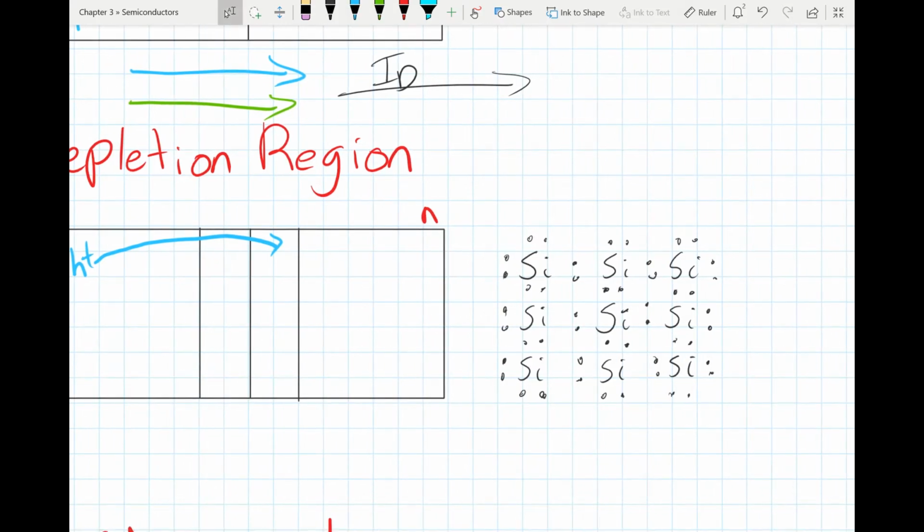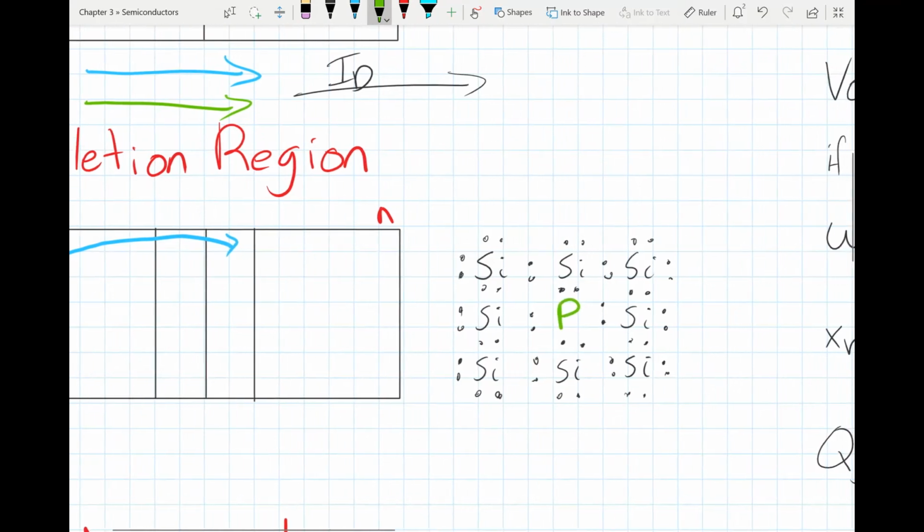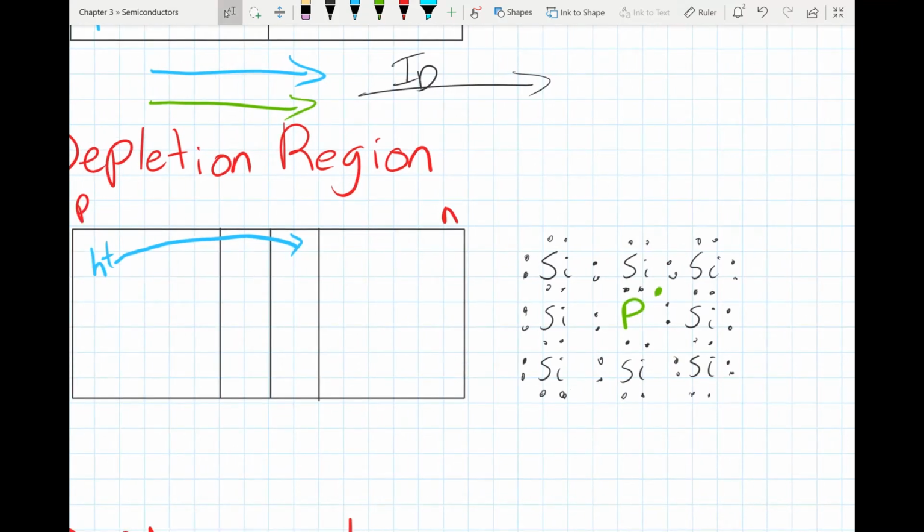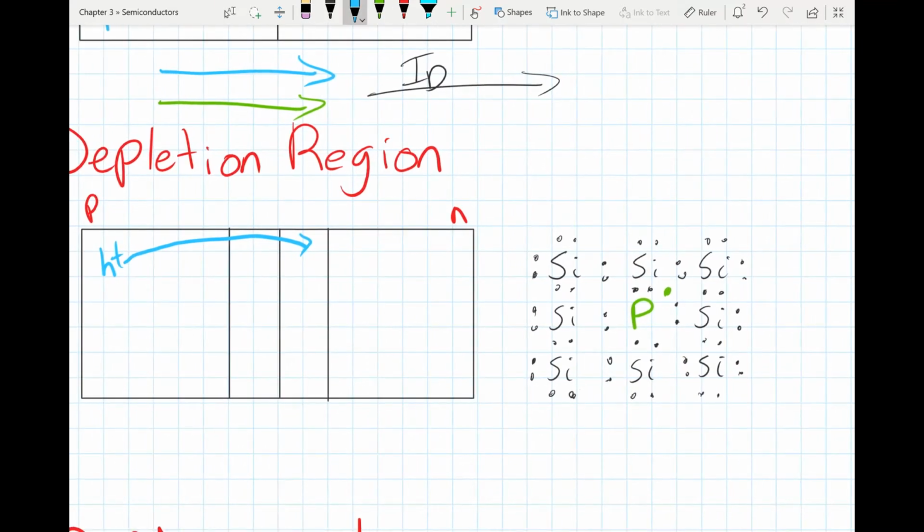Remember this is a silicon lattice. Let's remove the silicon and add a phosphorus. This phosphorus has 5 valence electrons, so after all the covalent bonds are formed, we still have an extra electron here. Let's say this hole is traveling from the p to the n side.